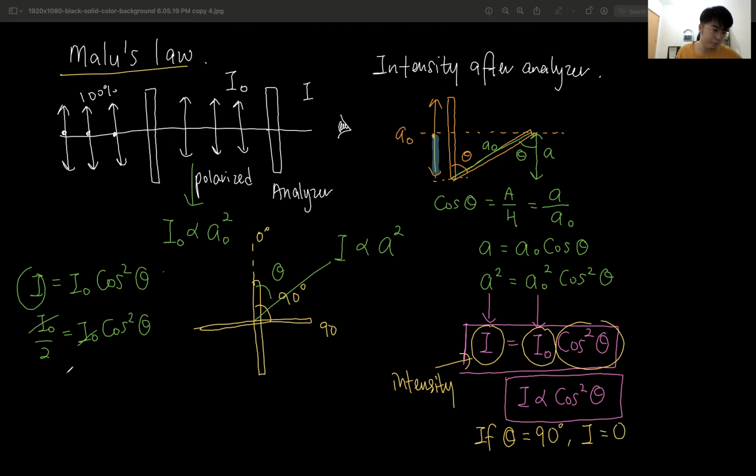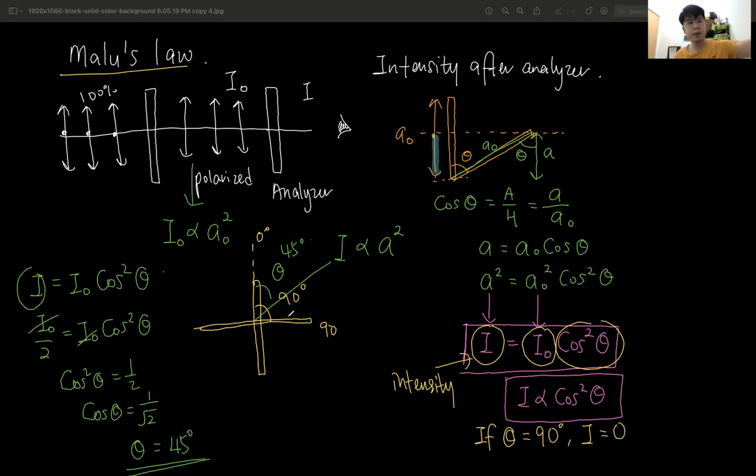Cancel, so we have cos squared theta equals 1 over 2, cos theta equals 1 over square root 2. You find that this angle is 45 degrees. That means when you rotate 45, that is where the intensity becomes half. So take note of this.